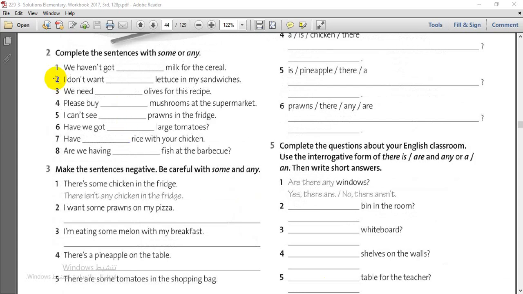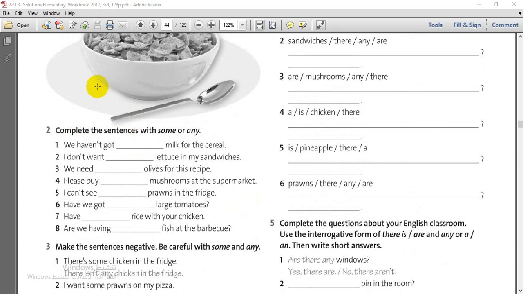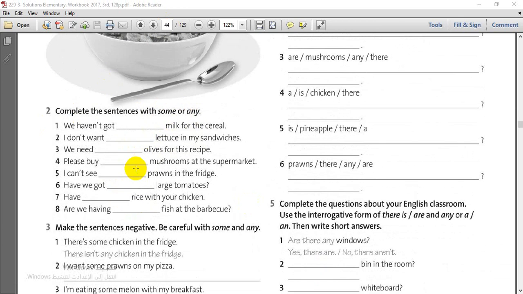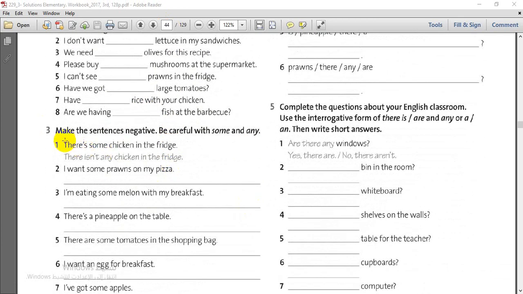We have another exercise on page 44 to put some or any. Here some or any in these spaces, and also make the sentences negative. Be careful with some or any. There is some chicken in the fridge.